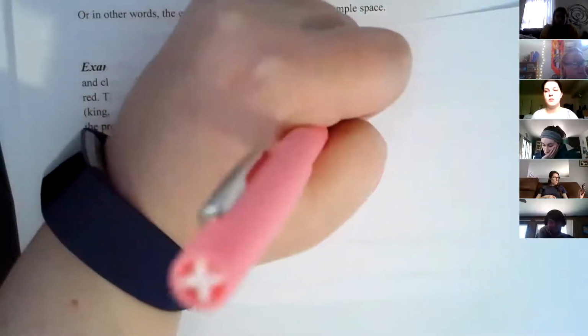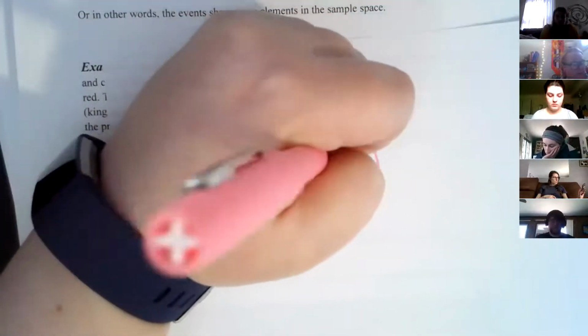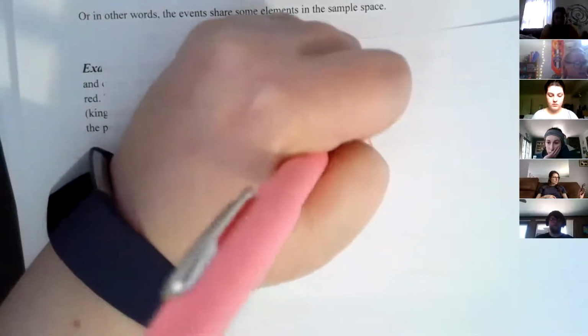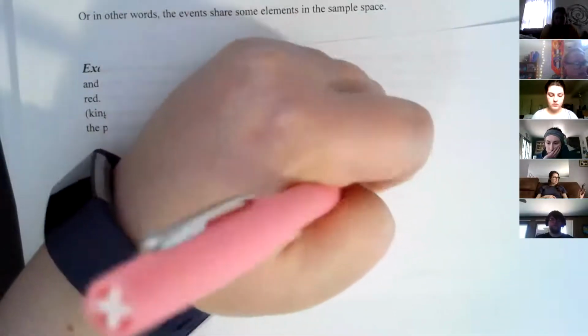And for the hearts, I would have ace of hearts, then the 2 of hearts, the 3 of hearts, the 4 of hearts, the 5 of hearts, the 6 of hearts, 7 of hearts, 8 of hearts, 9 of hearts, 10, jack, queen, and king.